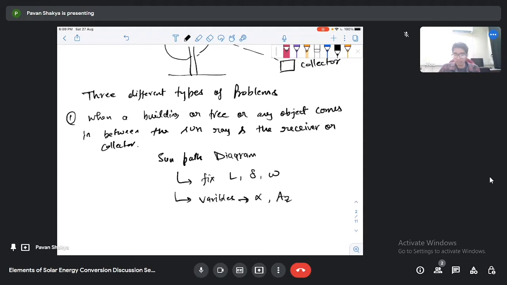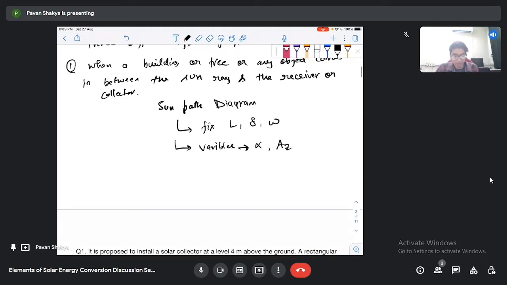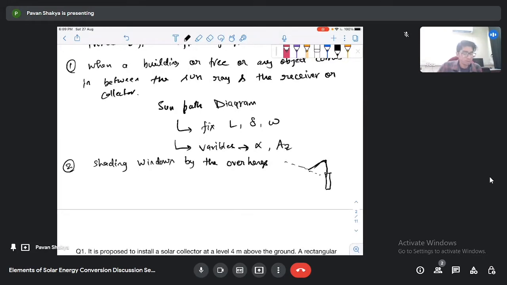The second problem is shading of windows by overhangs. You have seen this type of problem in your home: suppose this is our window and there is an overhang. Then at some time there will be shading on this window. So at what time and how much shading will happen on this window, that we will see.